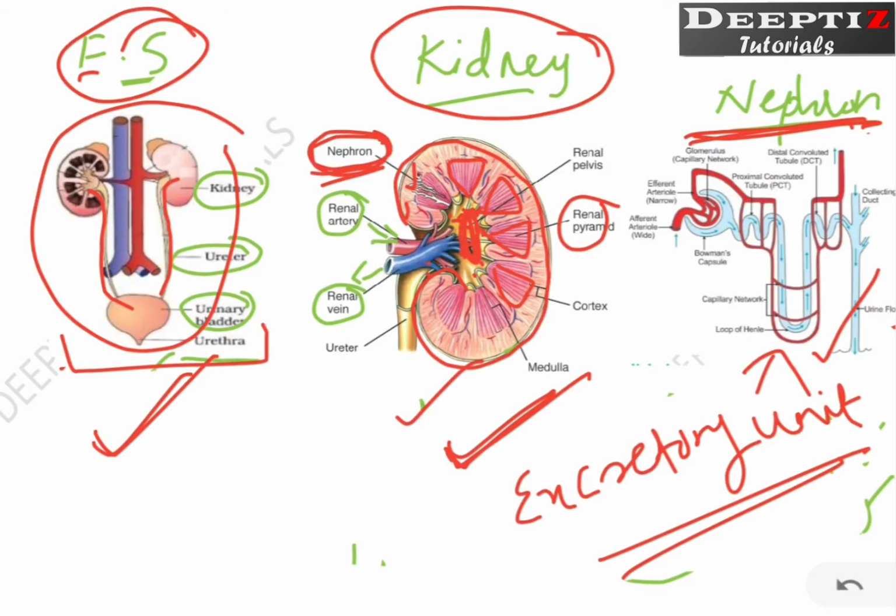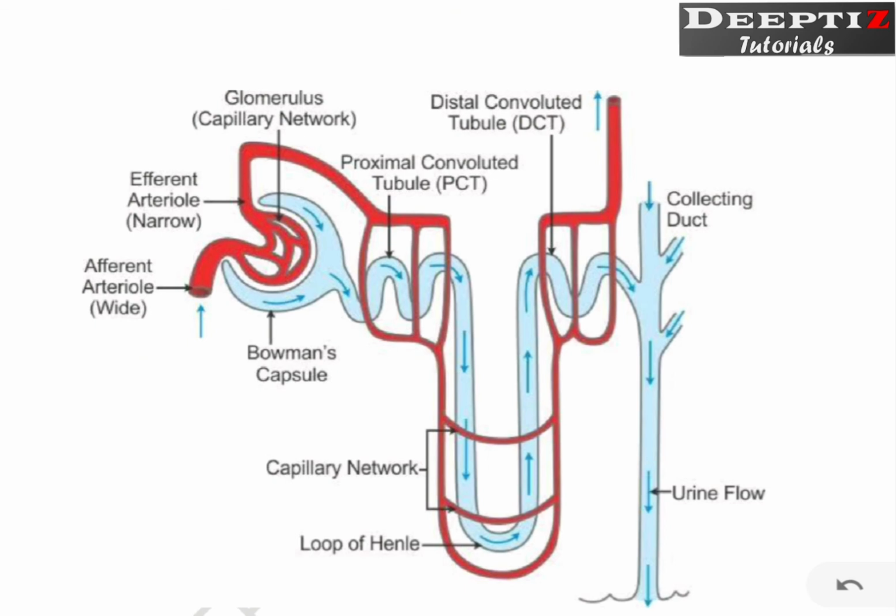Now let's see what is the detailed structure of nephron. This is a little complicated when you draw, but once you understand, this will be easy to explain. First thing you have to remember is whatever you have made here in red color, these are actually blood vessels.